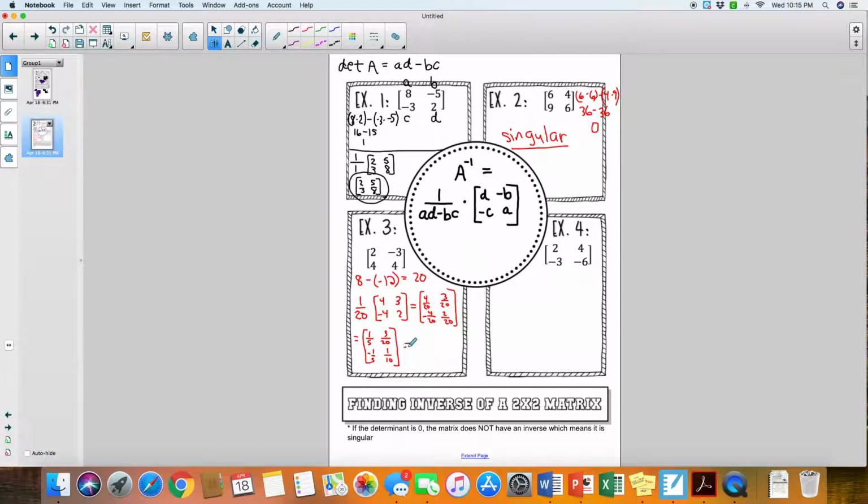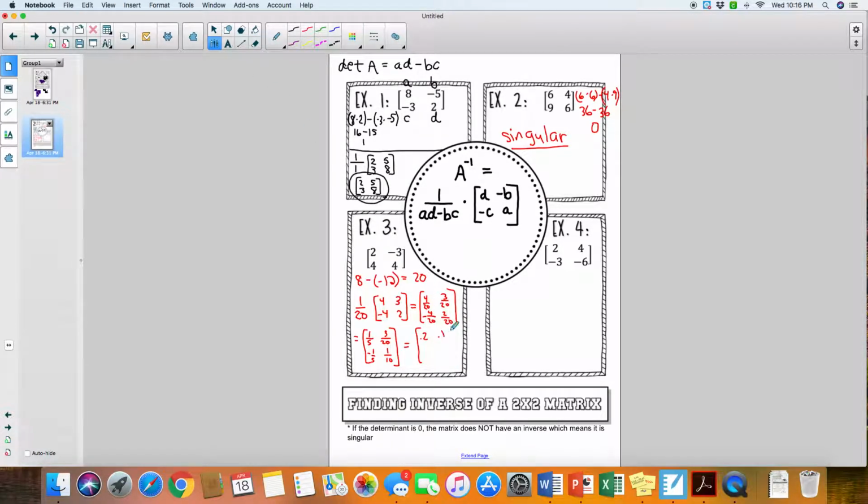You also could have put your answer in decimal form. 1 divided by 5 is 0.2. 3 divided by 20 is 0.15. Sorry, I did that wrong the first time.